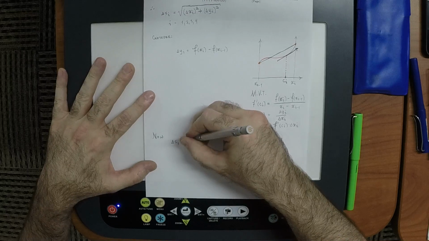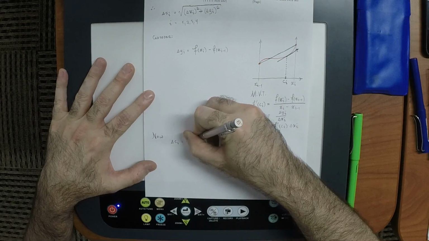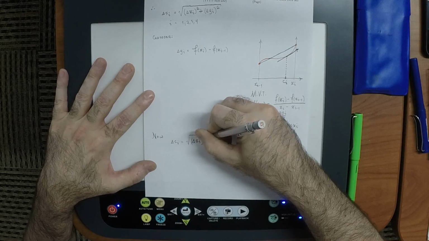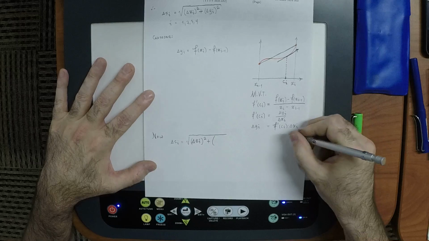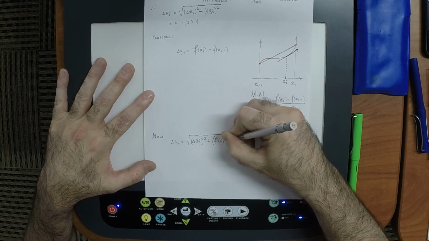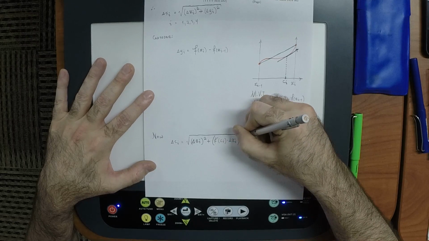Okay, so then making that replacement, we have the square root of delta xi squared, plus the derivative of f at ci times delta xi, squared.